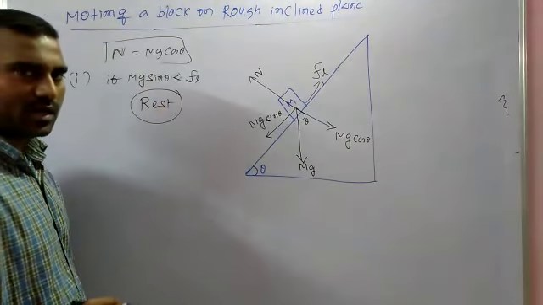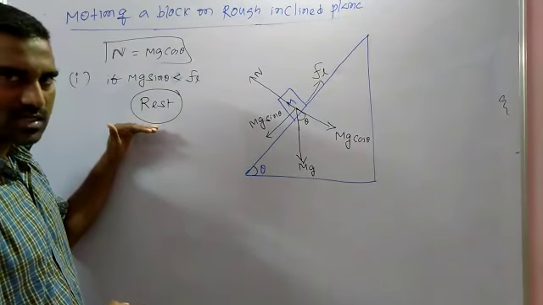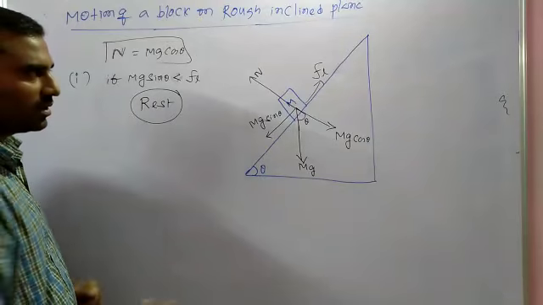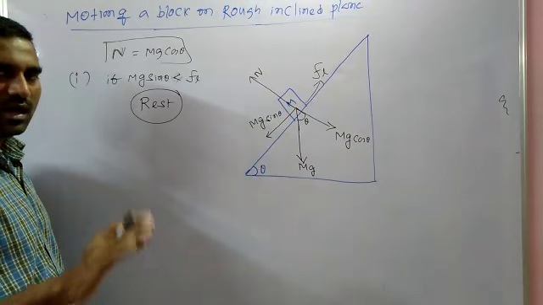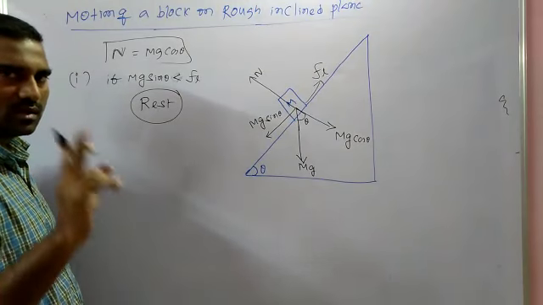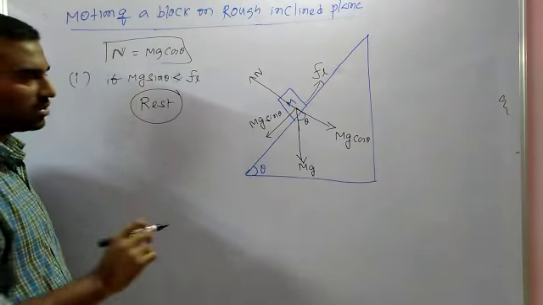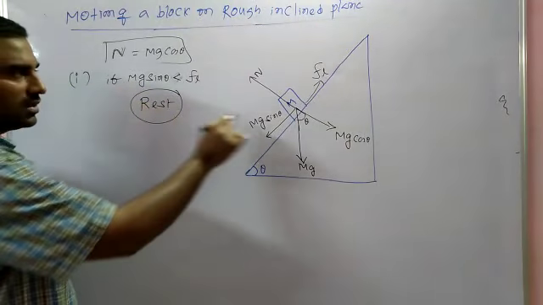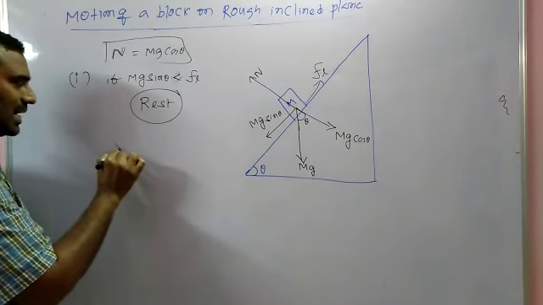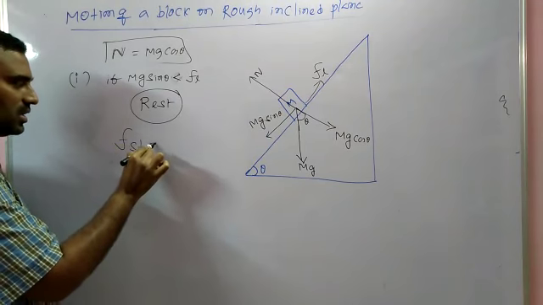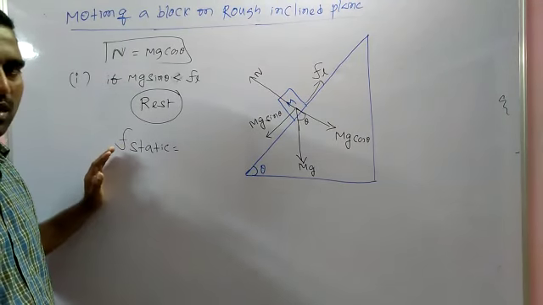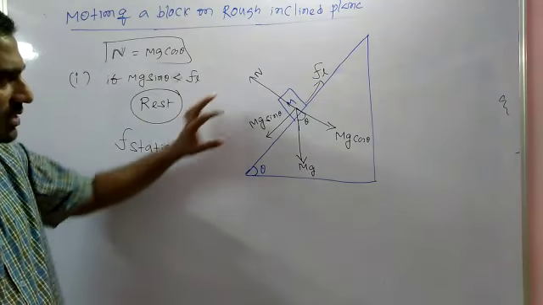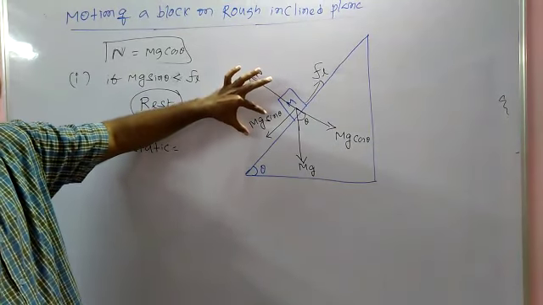Whenever the block is at rest, the friction is not kinetic and not limiting friction. That friction is static friction. As I told you many times, static friction is always equal to applied force. Here the applied force is mg sin theta.